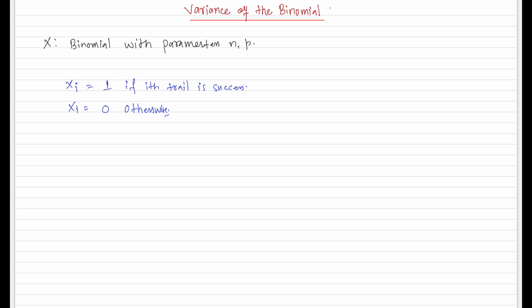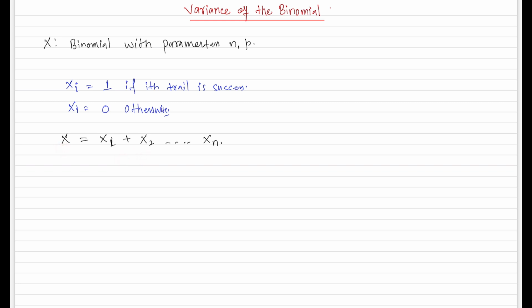So we can simply write X as a sum of these random variables, like how we did in finding the expectation of the binomial random variable. Same thing we are doing here.